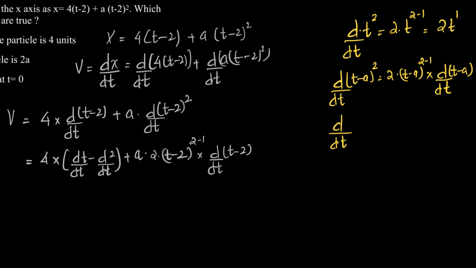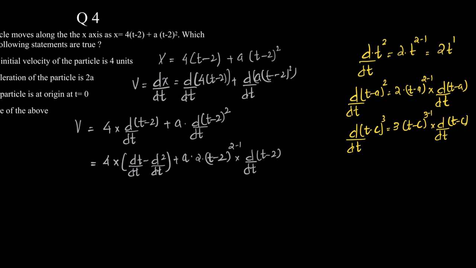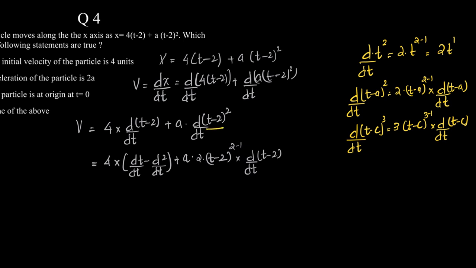Very similarly, d by dt of t minus c the whole cube will be equal to 3 into t minus c the whole raised to 3 minus 1 into d by dt of t minus c. Okay, so similarly I have taken the logic here: t minus 2 the whole square gives 2 into t minus 2 the whole raised to 2 minus 1 into d by dt of t minus 2.